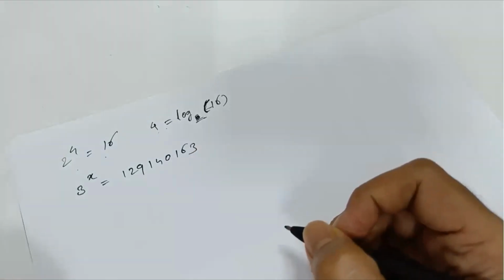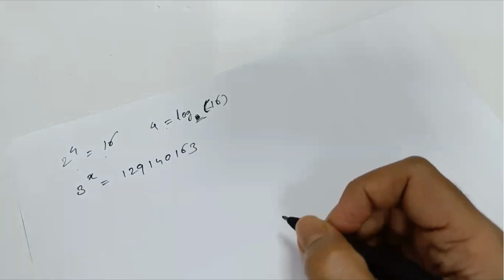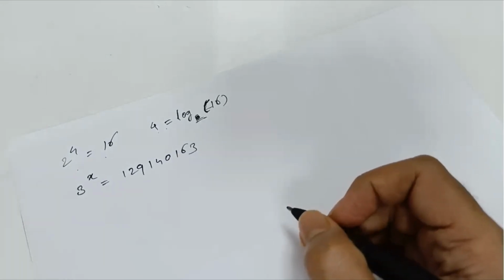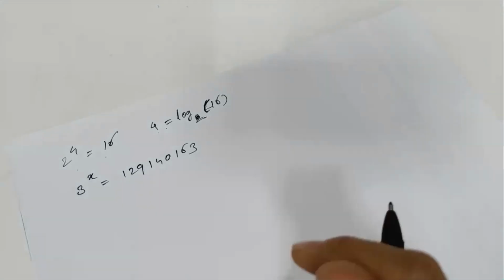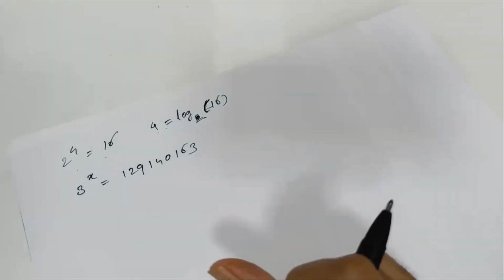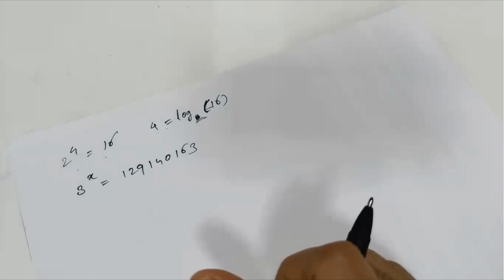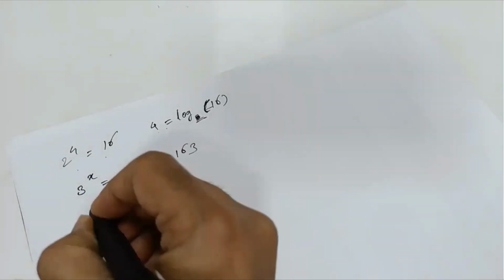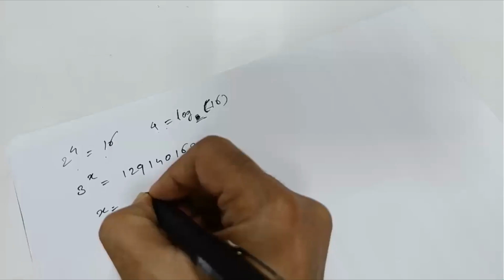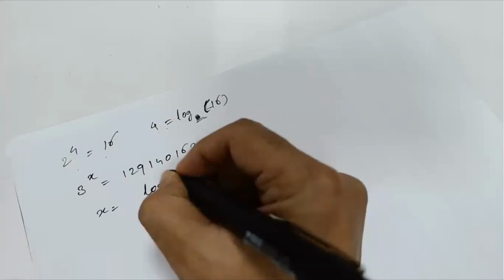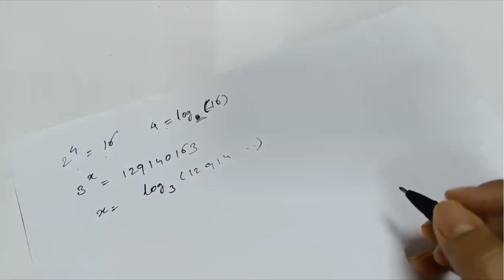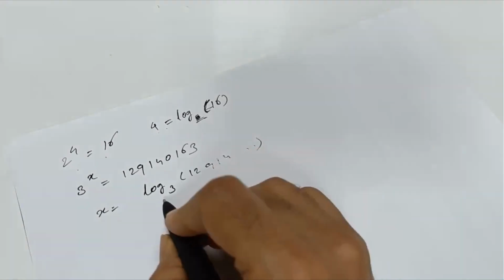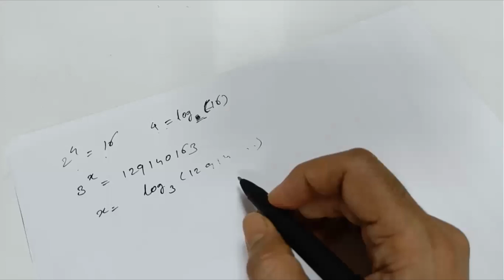Okay, let's say I ask you to find out what is the value of x. What will you do here? Obviously, it is x equal to log of this 12914 and so on. But for the calculation purpose, this is very difficult, right?